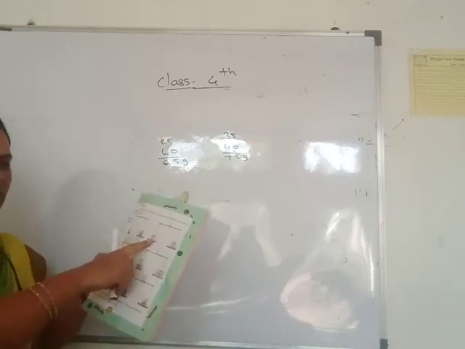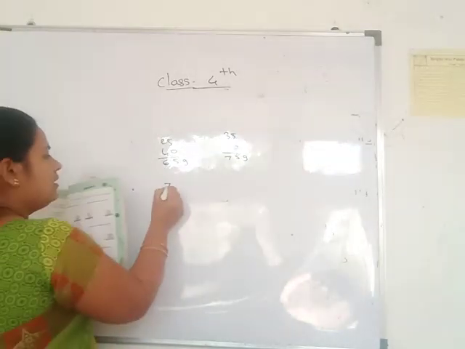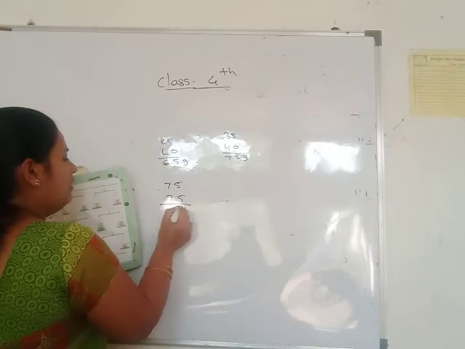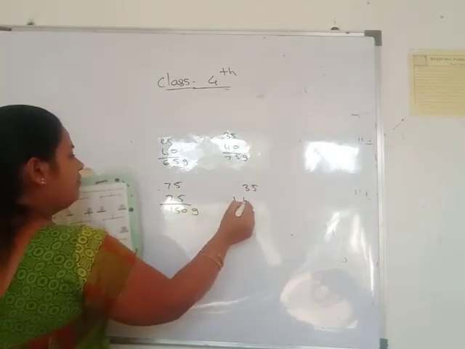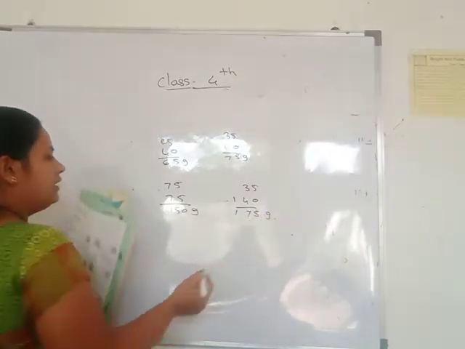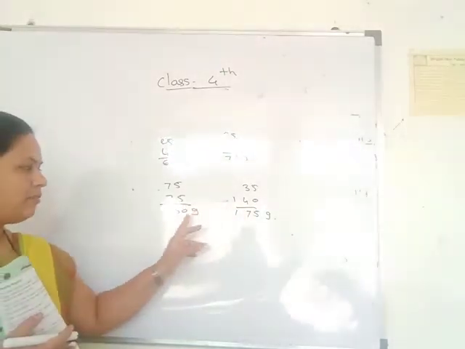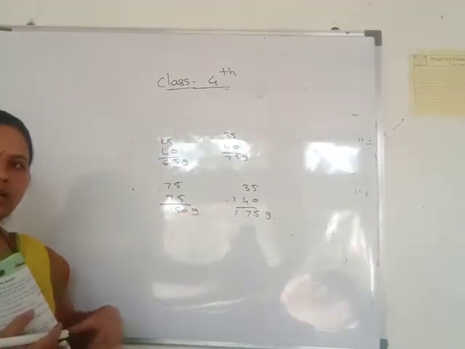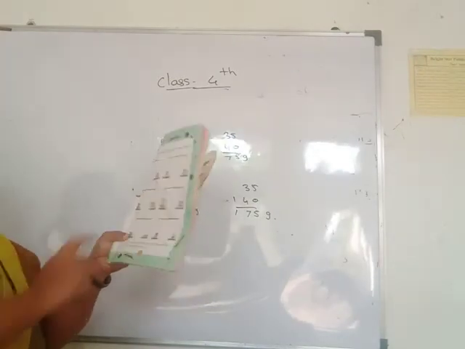Then next one, see here 75 plus 75, that is 150 gram, and 35 and 140 makes 175 gram. This 175 gram weight is more than this 150 gram, and this balance goes down.